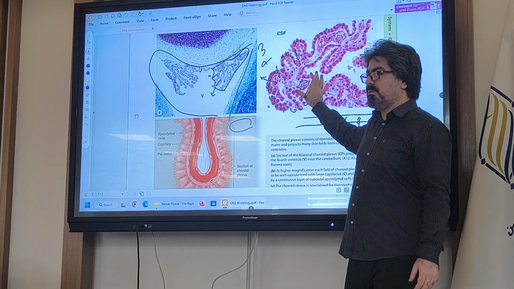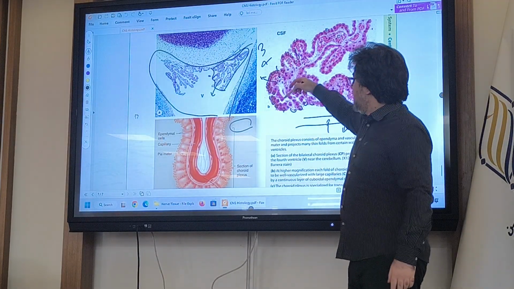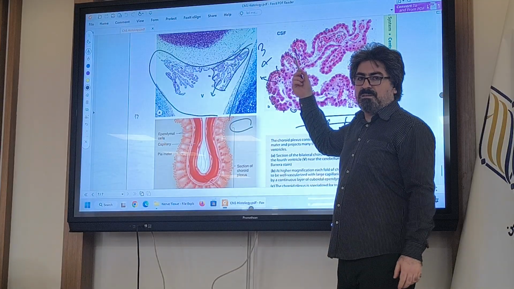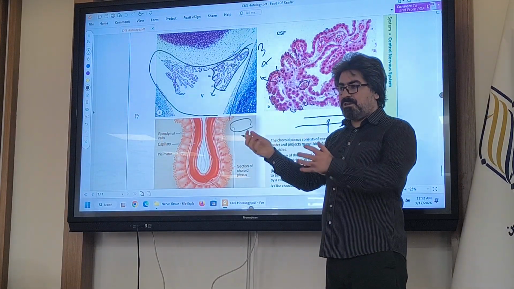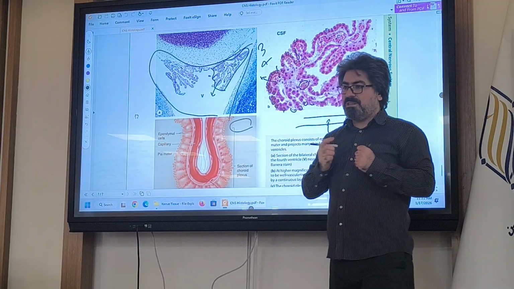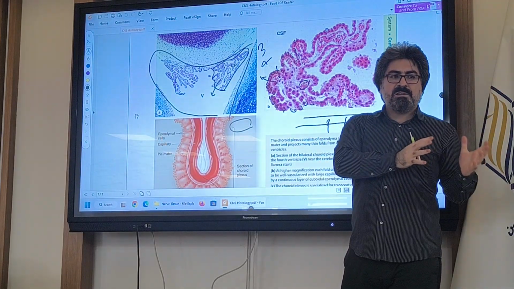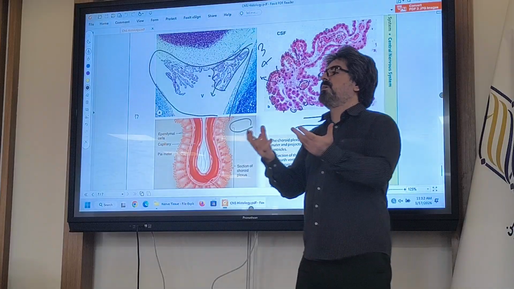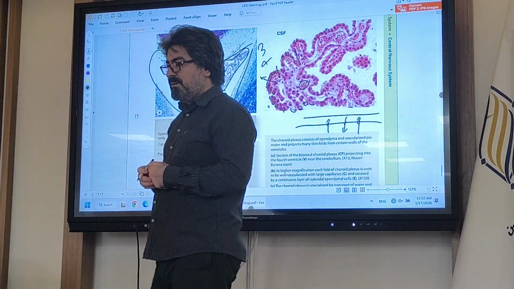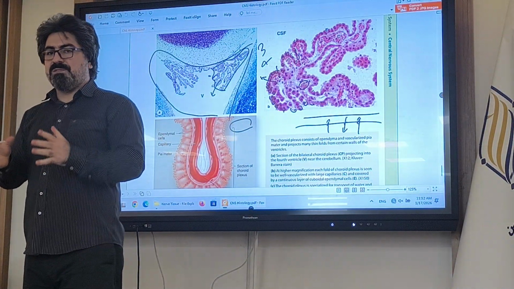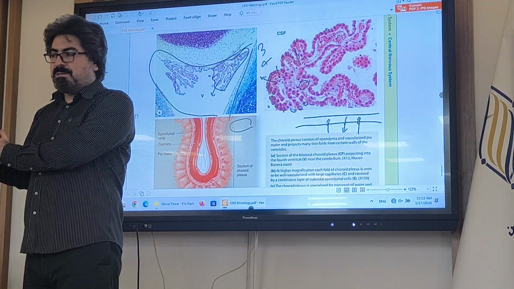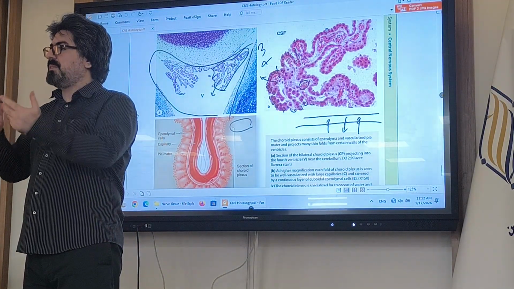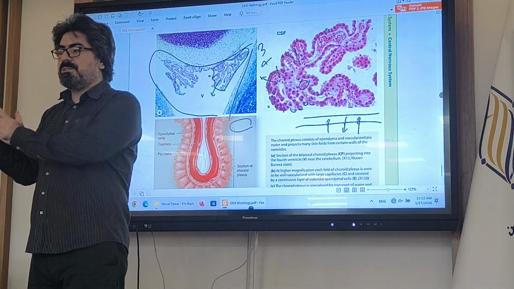Any question about choroid plexus? We will have ependymal cells, fenestrated capillaries, and the function is absorption and secretion of water and ions from blood. So the origin of CSF is blood. The origin of CSF, cerebrospinal fluid, is blood.